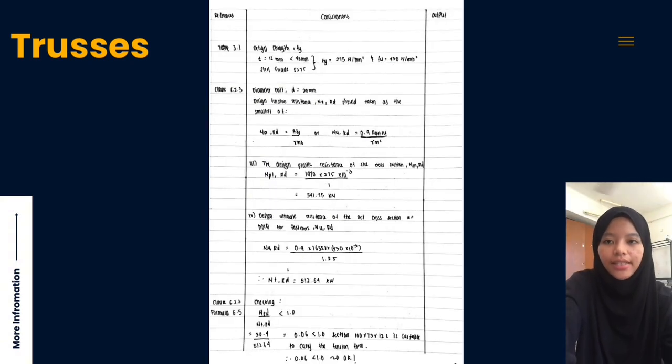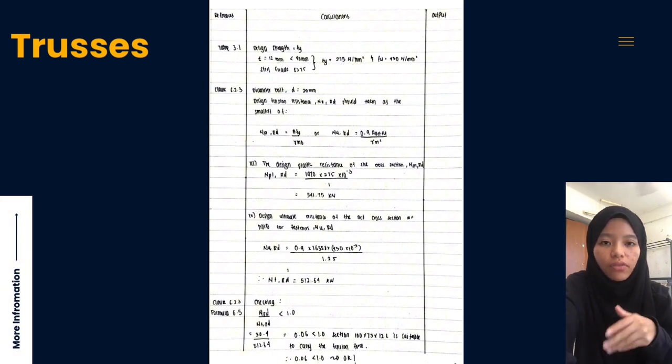Next is design strength Fy, which we get from table 3.1. T, which I told you already is 12 millimeter, must be smaller than 30 millimeter. So the steel grade that we choose is S275, and Fy equals 275 Newton per millimeter square, and Fu equals 430 Newton per millimeter square.